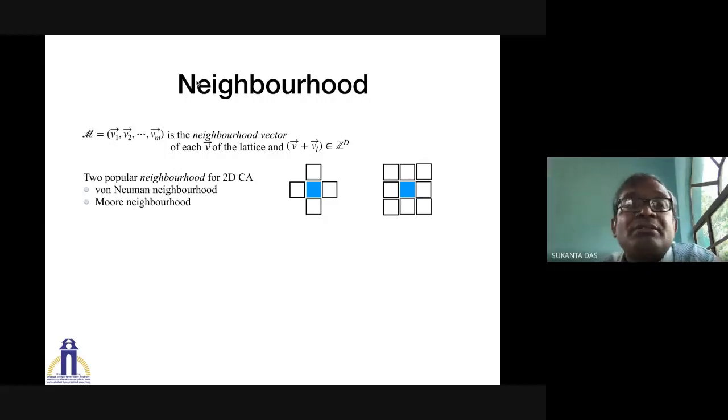It was proposed by Moore, so we call it the Moore neighborhood. Almost all works consider either von Neumann or Moore neighborhood. When we discussed the Game of Life, it also assumed the Moore neighborhood, meaning 8 neighbors excluding itself, so 8 plus 1, 9 cells.